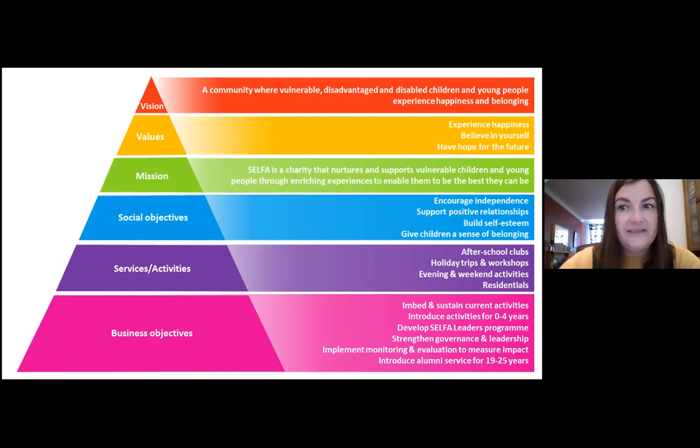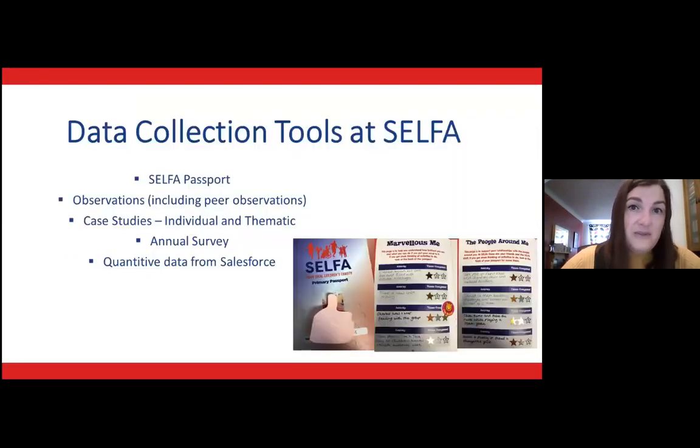We want to build self-esteem in young people and give them a sense of belonging as well, and for them to advocate those wishes for themselves, really. So we have a number of different business objectives that we do to get there, and we work with a really good staff and trustee board to have those things happen with us.